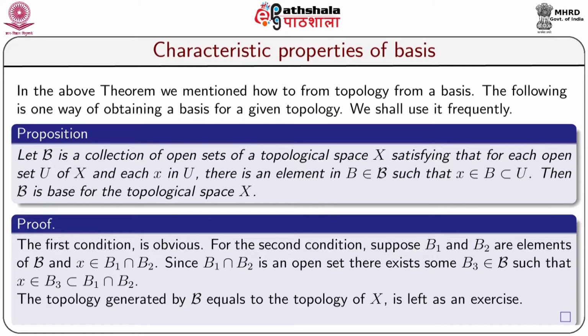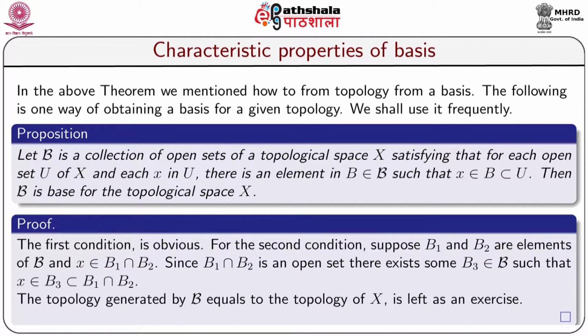Let script B be a collection of open sets of a topological space X, satisfying that for each open set U of X and each x in U, there is an element B in script B such that x belongs to B, which is contained in U. Then script B is a basis for the given topological space X. So, proof. The first condition is obvious. For the second condition, suppose B1 and B2 are elements of script B and x belongs to B1 intersection B2.